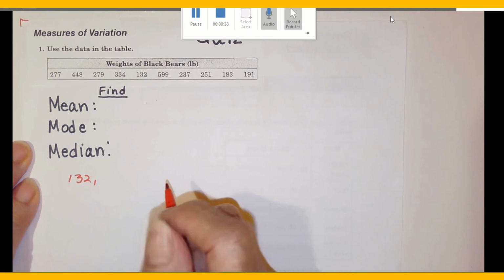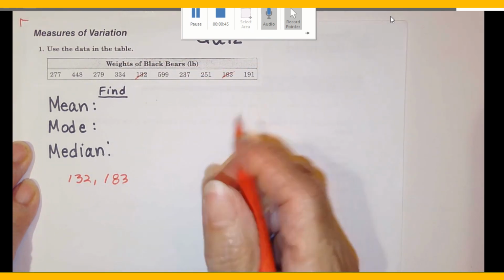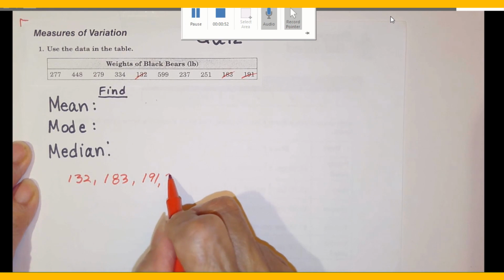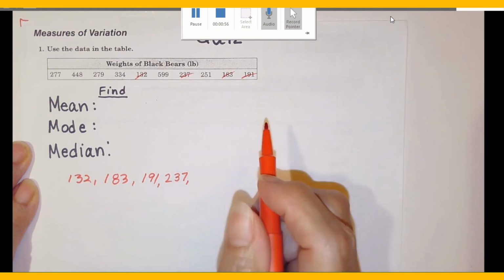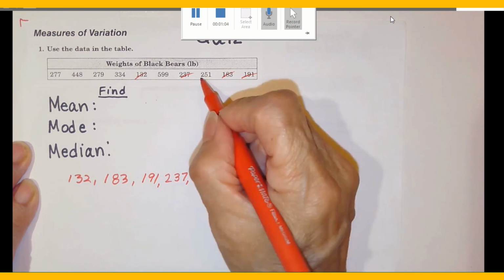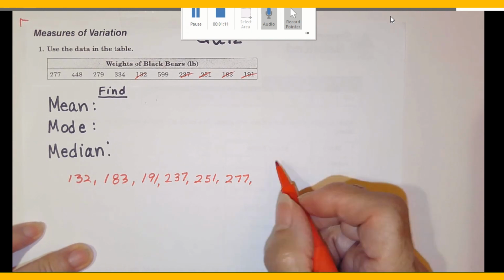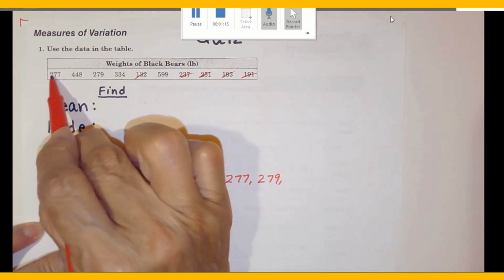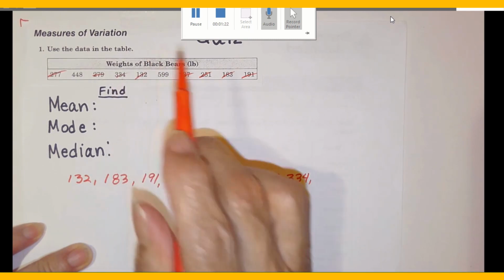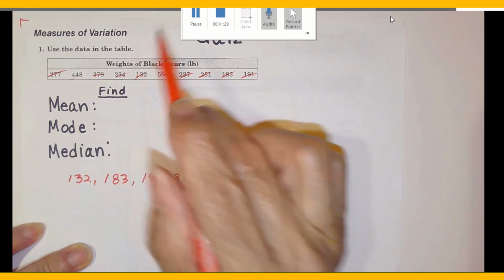Okay, I have 183, 191, 237, 251, 277, 279, 334, 448, and 599.